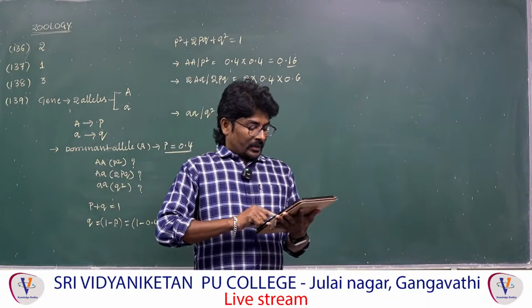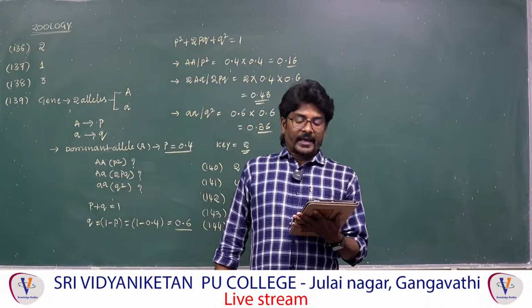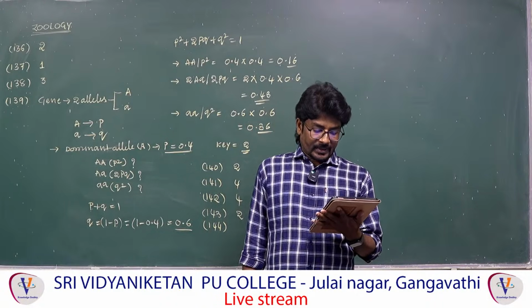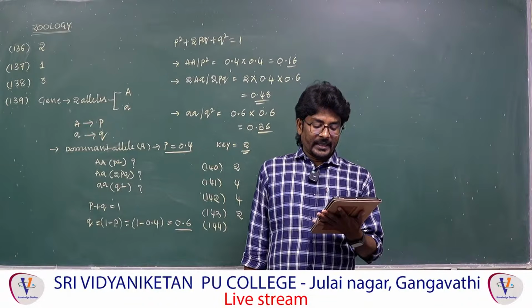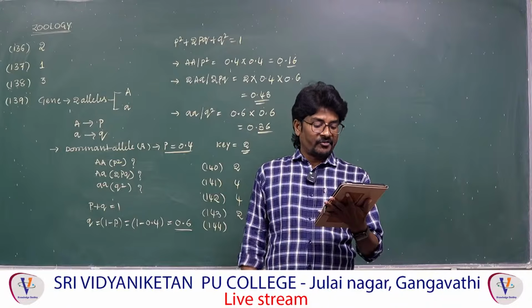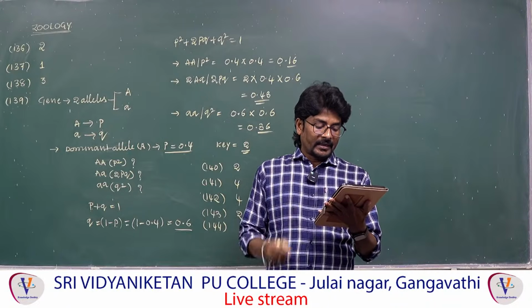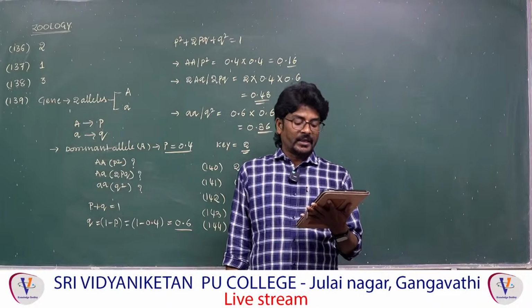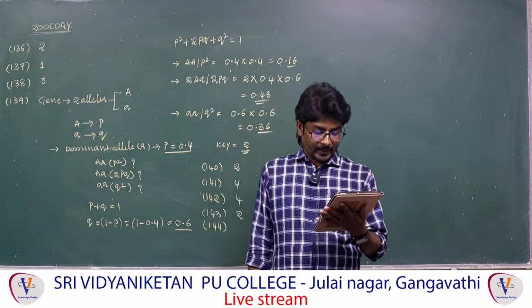Next, 144. In 144 they have given, again, match the column. Ichthyosaurus: it is a fish-like reptile from 200 million years ago. Correct answer A4. Coelacanth: it is a fish caught in South Africa in 1938. B1.